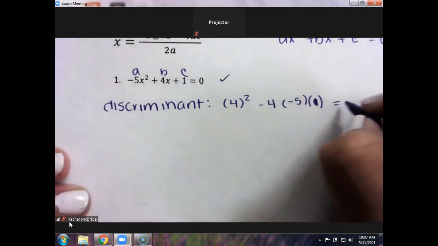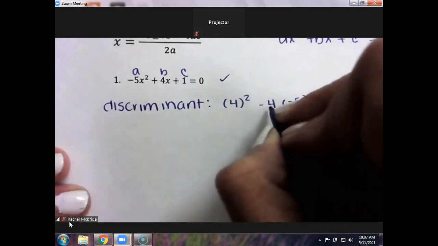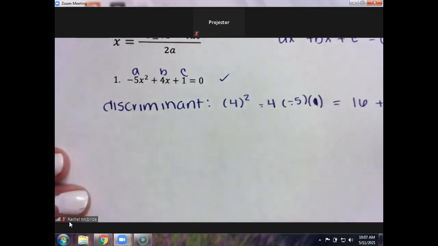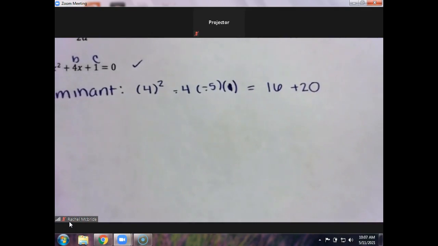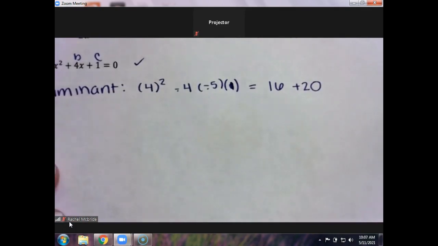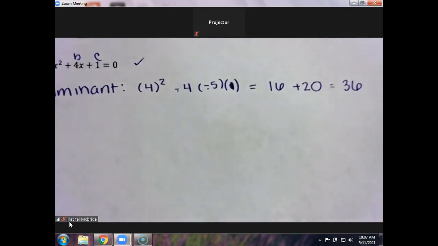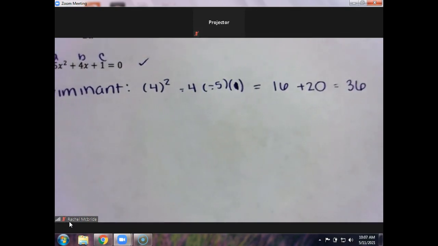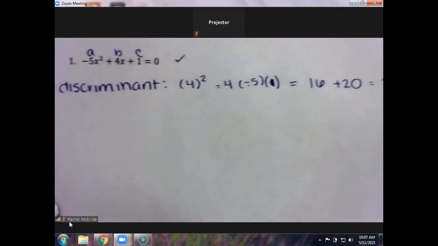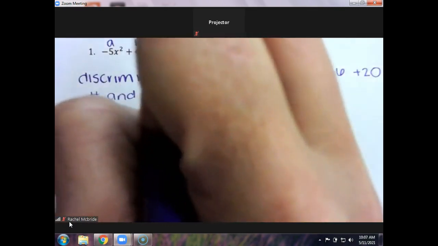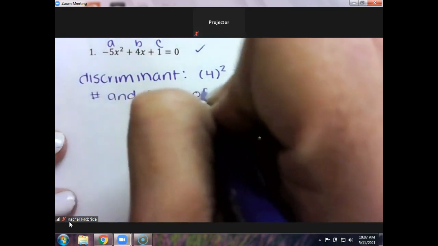So the discriminant is 16. A negative times a negative is a positive 20. So the value of the discriminant is 36. Then I have to describe the number and type of solutions.